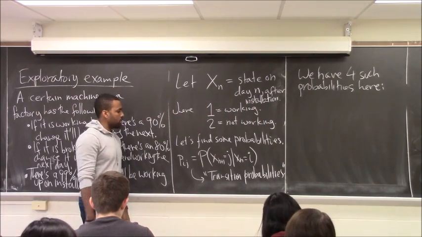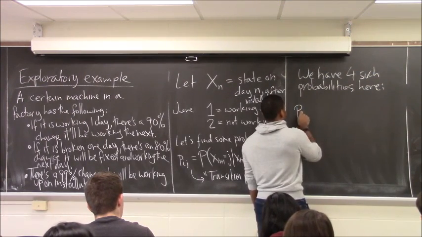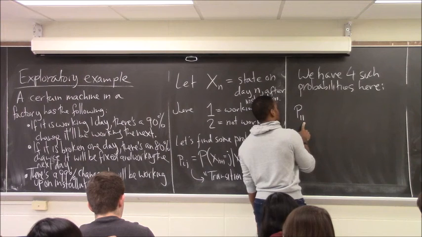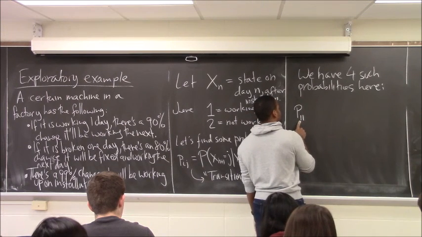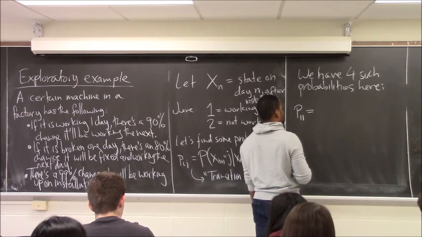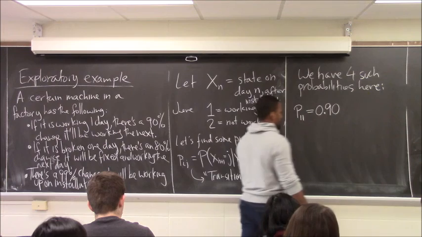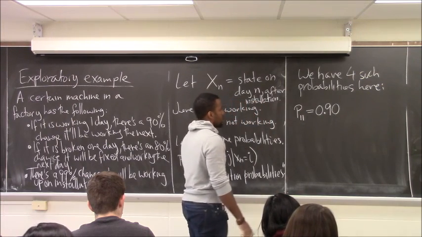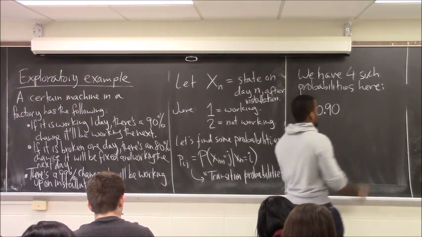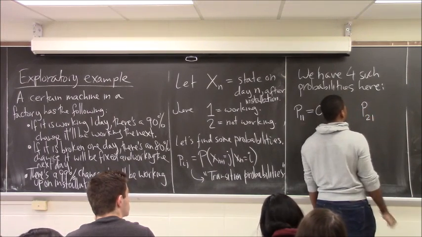What are the probabilities? Well, here's one probability. I could be working one day and then working the next. What is that probability? 90%. However, there is also a chance that I was working today, but tomorrow I am not working.